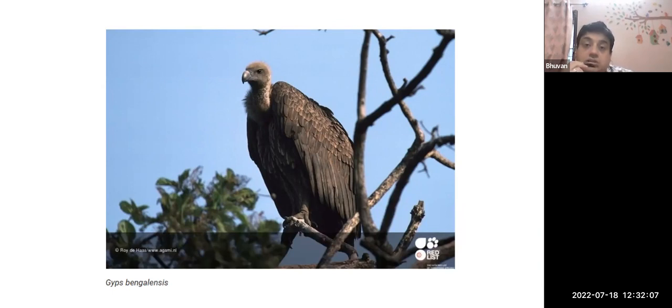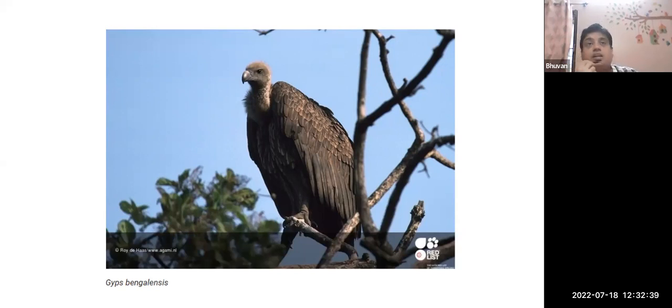Even in a city like Delhi, vultures were once so abundant that the sky was full of vultures flying around, encircling on the thermal currents. But now, within a span of a decade, more than 90% decline has been observed in the vulture population. And the major cause behind it is a veterinary painkiller drug known as diclofenac.